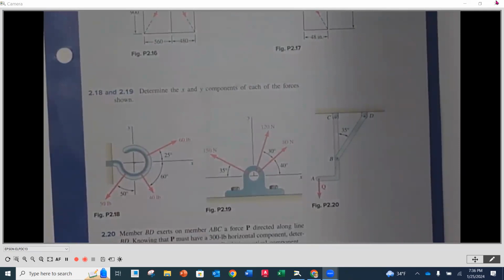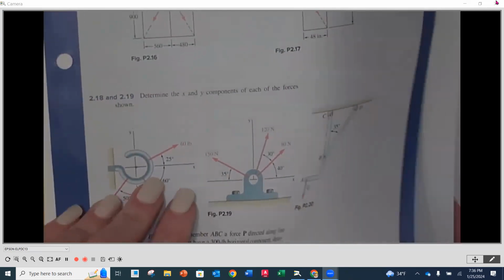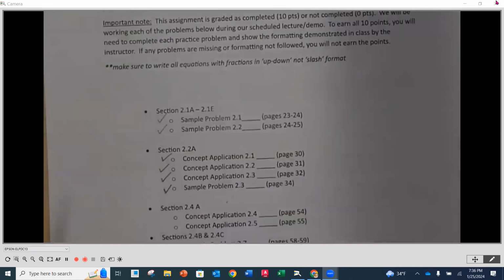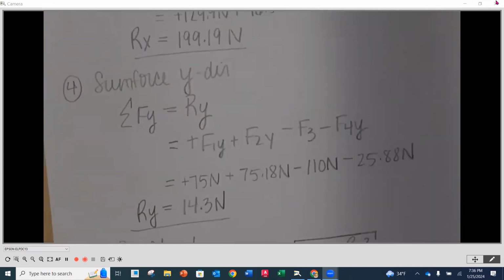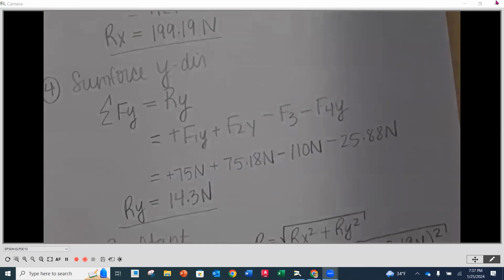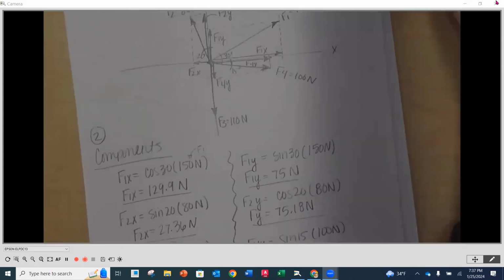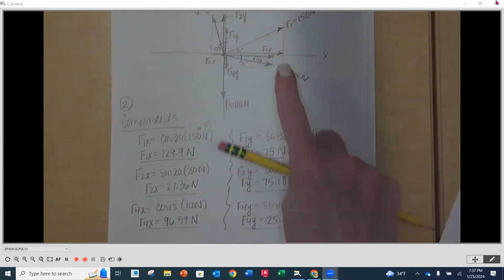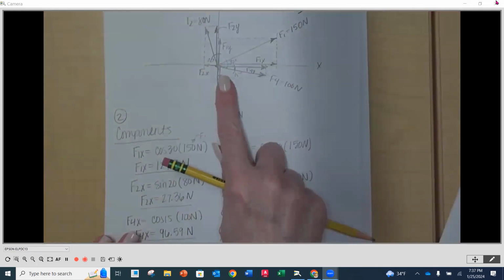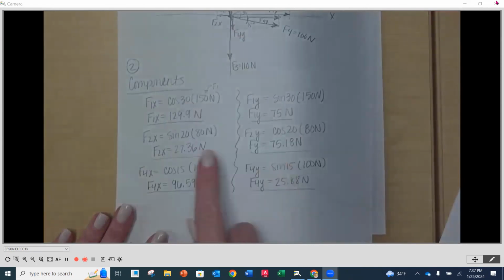If we look back at the problem that we just did, here it is. What you would be doing is our first page right here: diagram, X and Y components labeled, and then the component calculations down below for each one. So that's going to be problem 18.